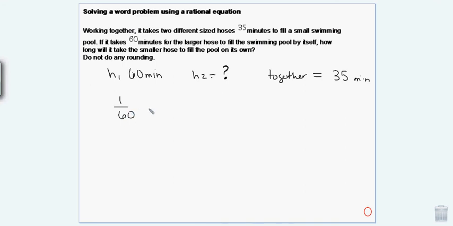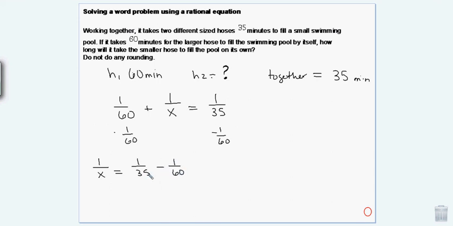So there's one pool, 60 minutes, one pool, unknown number of minutes, and if I work together, it takes 35 minutes. So I'm going to subtract 1 over 60 from both sides. So I get 1 over x is equal to 1 over 35 minus 1 over 60.